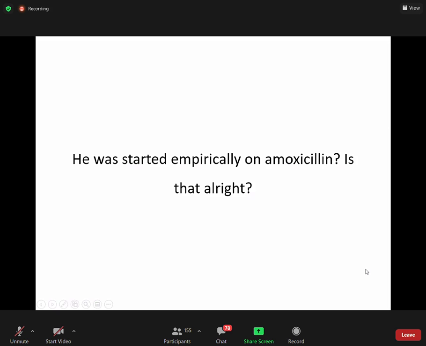Hemolysis is type 2, it can also cause a serum sickness like type 3, and it is also sometimes delayed, cell mediated, type 4. So theoretically, all 4 types of hypersensitivity reactions are possible with penicillins, but the most common one is allergic reaction, which is type 1, IgE mediated. Okay, so amoxicillin is right.